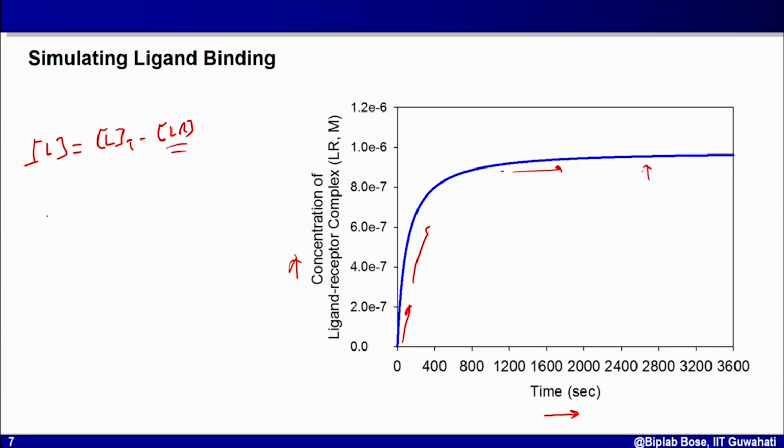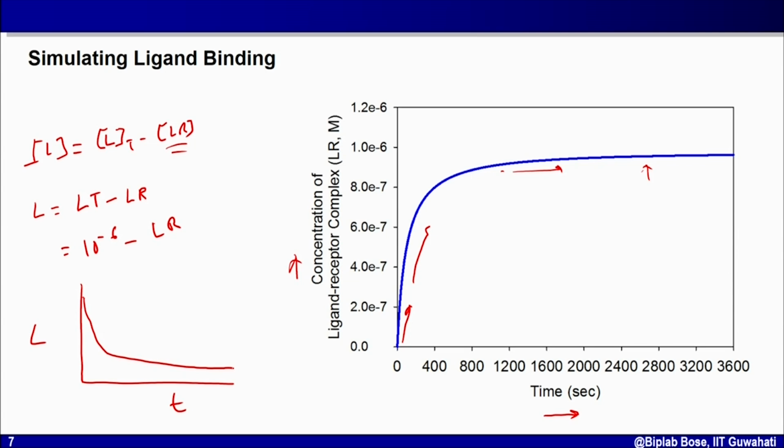So free L is nothing but LT, the total concentration which I have kept constant, minus LR, the concentration of the complex. So I have taken LT as 10 to the power minus 6 minus LR at any time point. If you plot L versus time, you will see just the reverse of this complex plot. You can try this one.